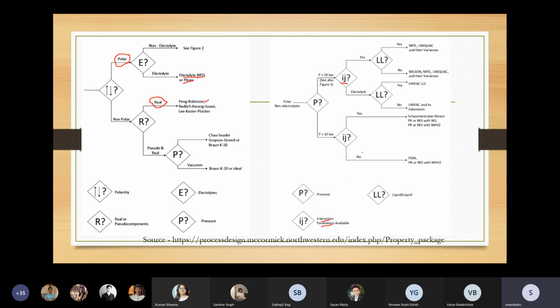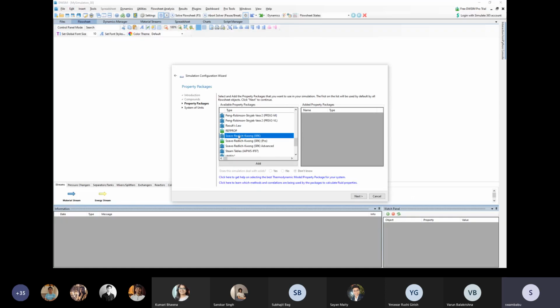If interaction parameters are available, we have to go for NRTL or UNIQUAC. So this is the UNIQUAC property package, and the NRTL property package. We can use them.